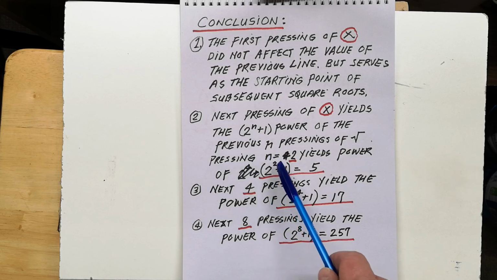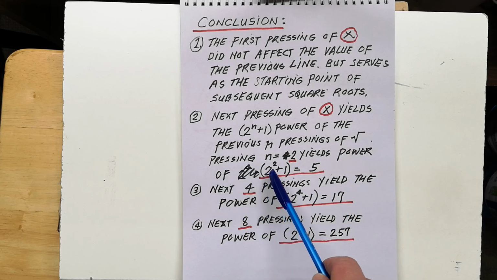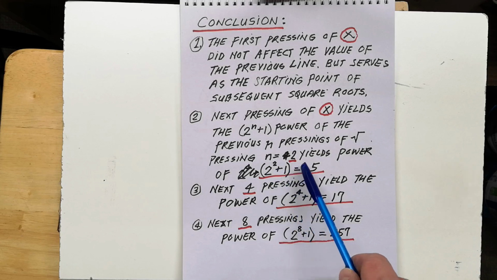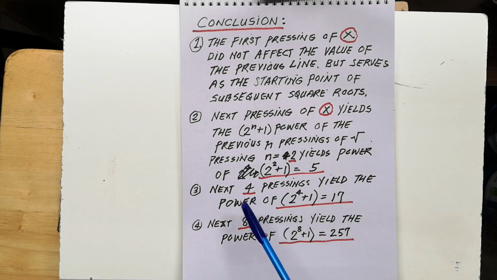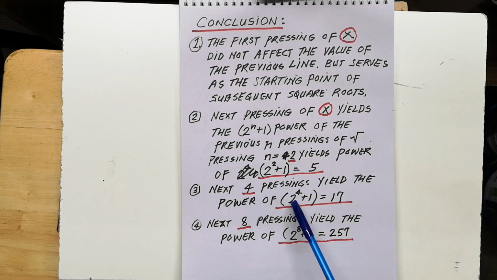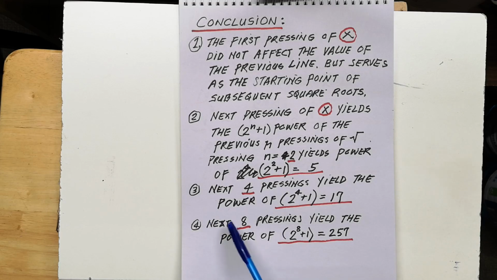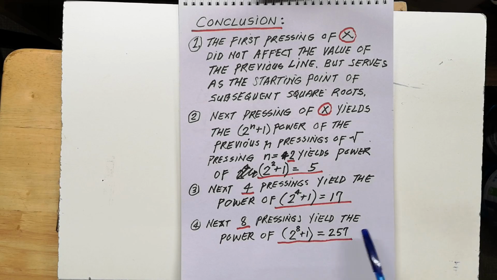Pressing n equal to 2 yields a power of 2 raised to the 2 plus 1, that's equal to 5. Next, the 4 pressings yield the power of 2 raised to the 4 plus 1, that's a 17 power. The next 8 pressings yield the power of 2 raised to the 8 plus 1. That's 257 power.